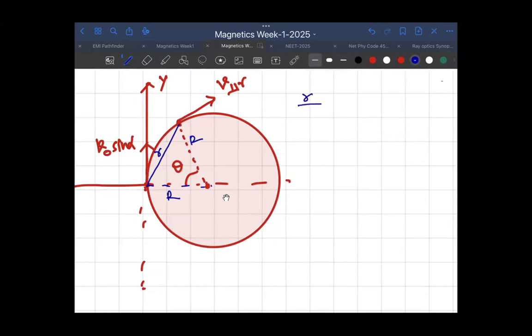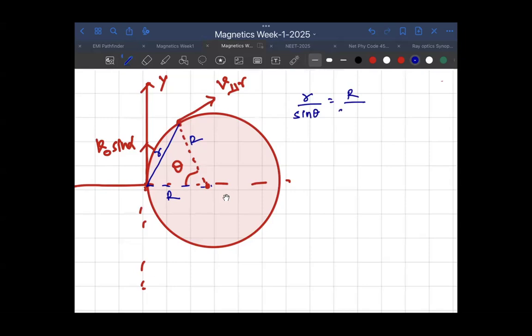Lami's theorem. Small r by sin theta is equal to capital R by sin of, see now, if this is theta, what is this going to be? 180 minus theta by 2, that is pi by 2 minus theta by 2.